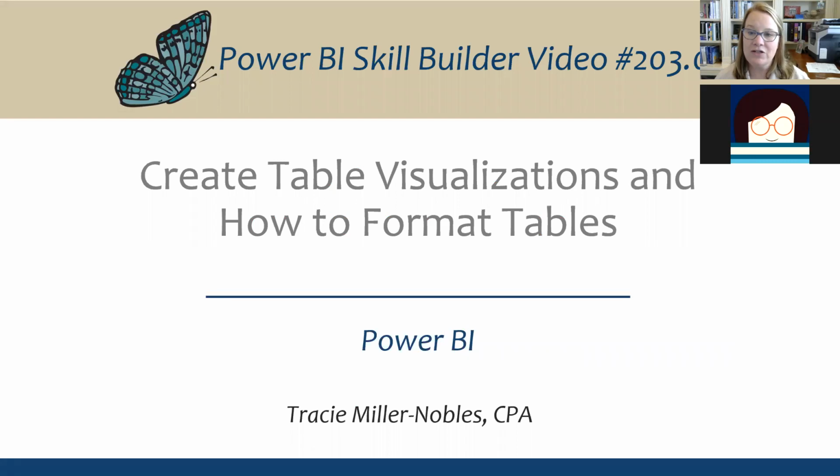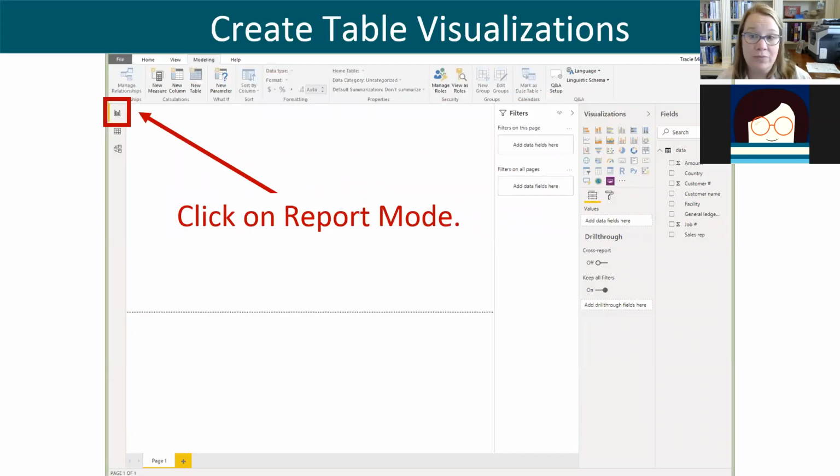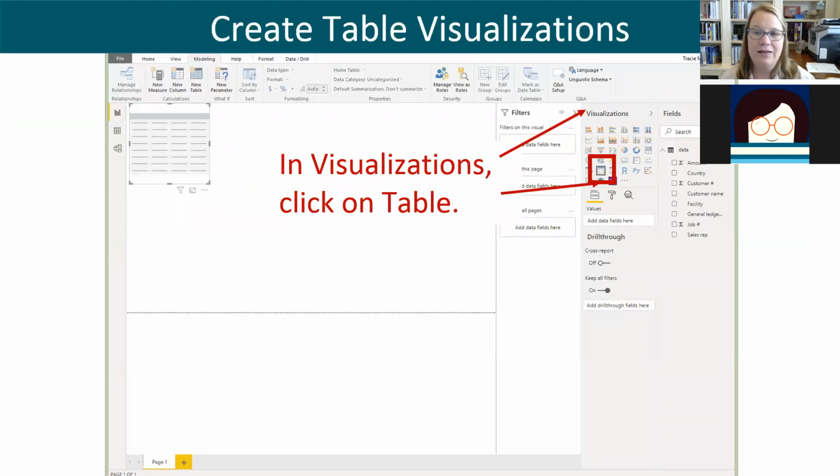What we do with table visualizations is we use the report mode. Remember, that's where we go to put all of our visualizations in Power BI. The students will click on the report mode, and then in that area on the right-hand side, there's an area called visualizations, and that's where all of the different visualizations are available.